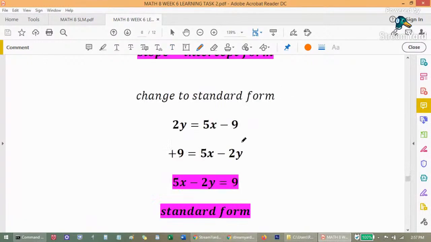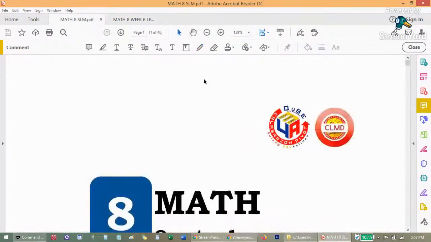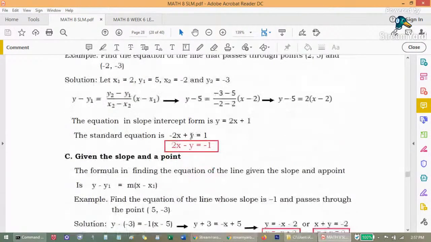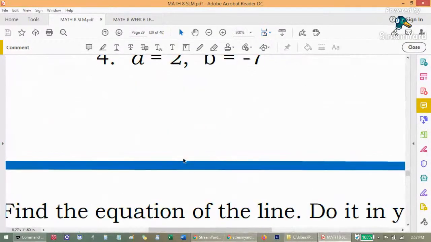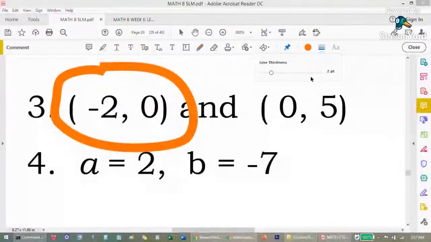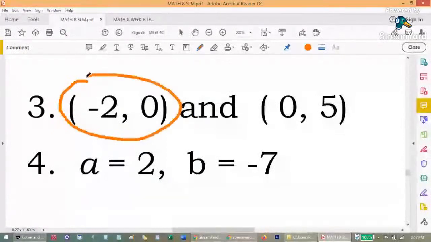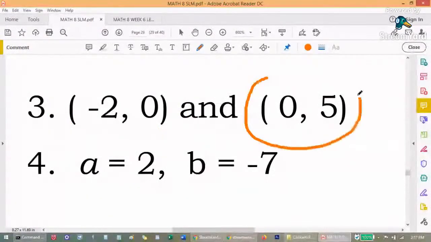Okay, so ito na tayo, number 3. Meron tayong isang point at meron tayong pangalawang point.